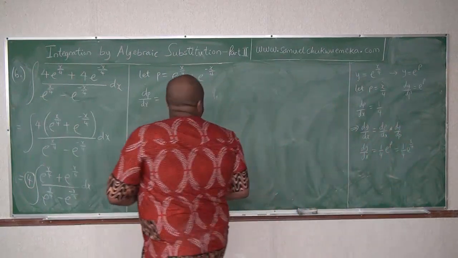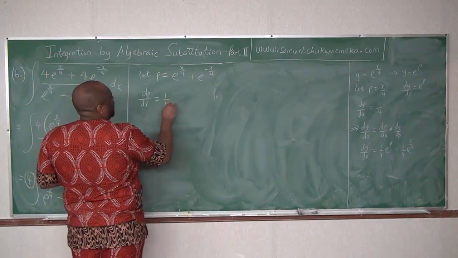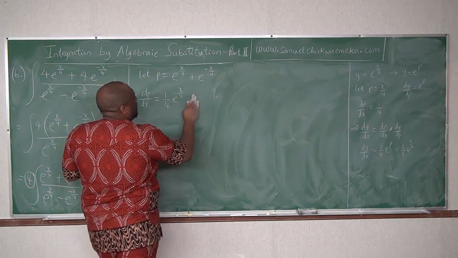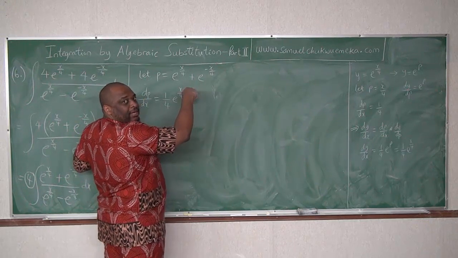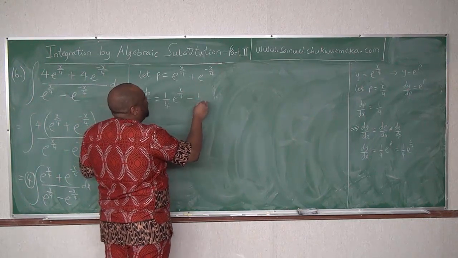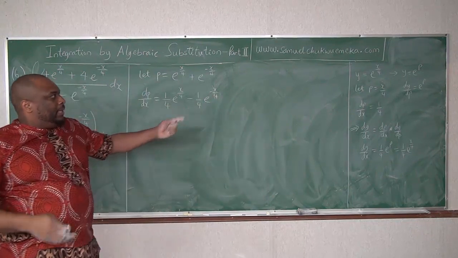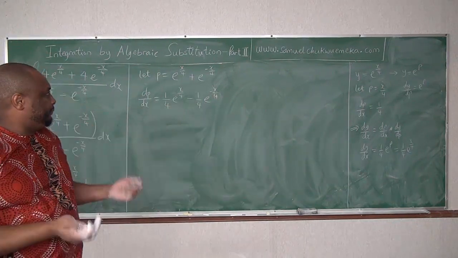So this is giving us 1 over 4 e to the x over 4 plus minus, because this is plus minus, minus 1 over 4 e to the negative x over 4. That is what it will give us.